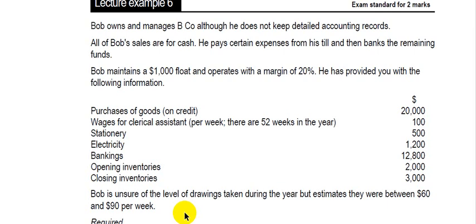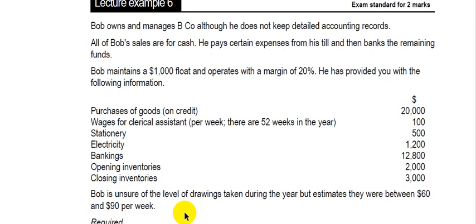Purchases of goods on credit, wages for clerical assistants per week. There are 52 weeks in a year. The 100 is given as per week. Stationery, electricity, banking, opening inventory, closing inventory.